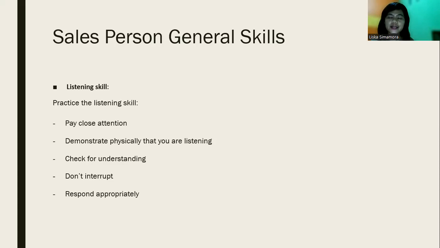If you understand the things, if you aren't confused by the statement, just let them keep talking. Don't interrupt. And then respond appropriately. If it is a sad story, you can feel the sadness too. If it's a happy story, you can feel that happiness too.